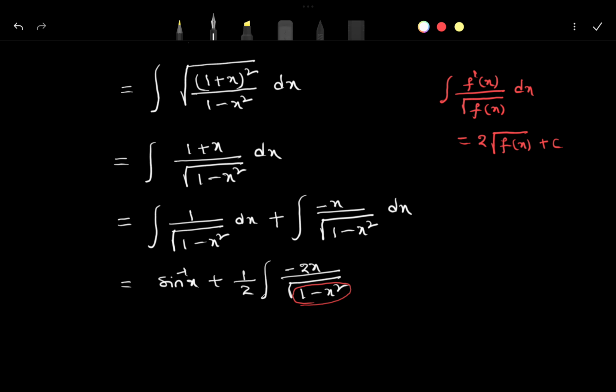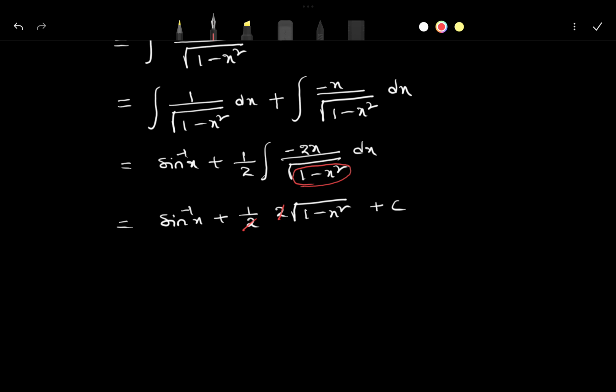The derivative will be nothing but the derivative of 1 minus x square, minus 2x dx. So using the above formula, this will be sine inverse of x plus 1 by 2 into 2 into root of 1 minus x square, plus c. Here that 2 and 2 will be cancelled.